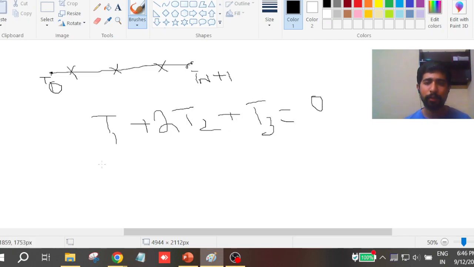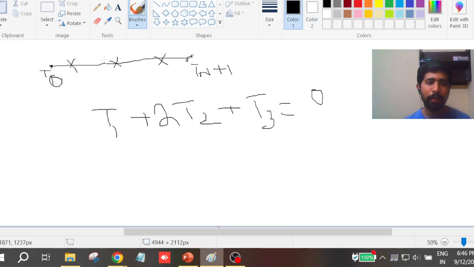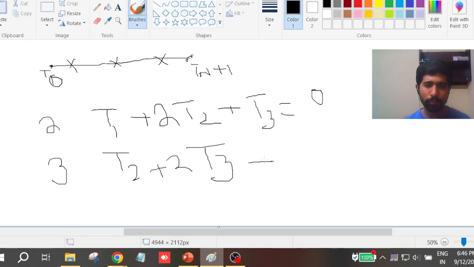I have this equation for the second grid point. Now similarly for the third grid point, I can have something like T2 plus 2 T3 plus T1. It should all be in terms of whatever temperatures are there.